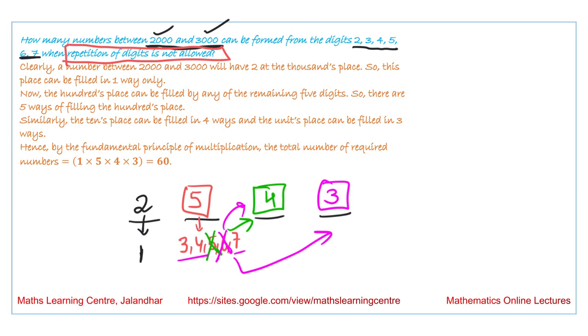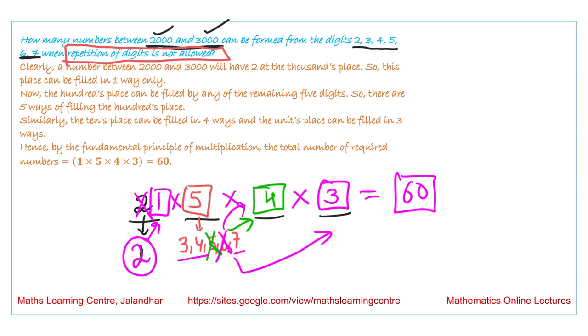So the answer we have is 1 into 5 into 4 into 3, which is equal to 60. So by the fundamental principle of multiplication, the total number of required ways is 60.